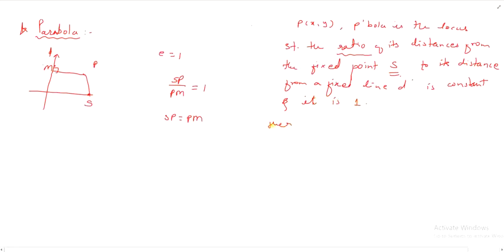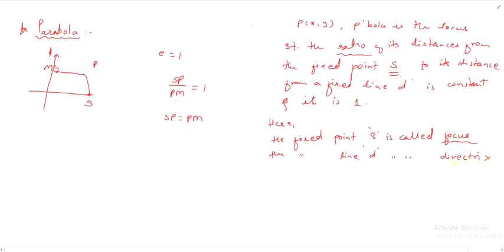Here the fixed point S is called the focus, the fixed line D is called the directrix.